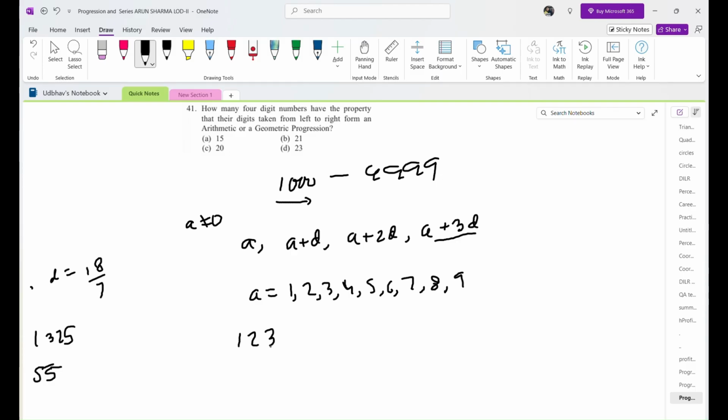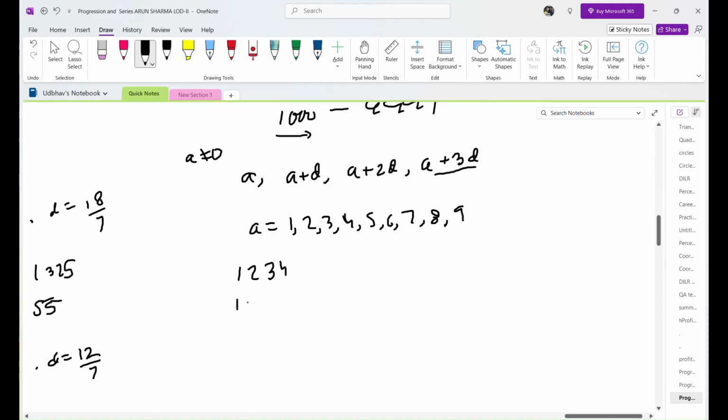So it can be like 1, 2, 3, 4; 1, 3, 5, 7; 1, 4, 7. This won't work, because after 7 it will be 10.